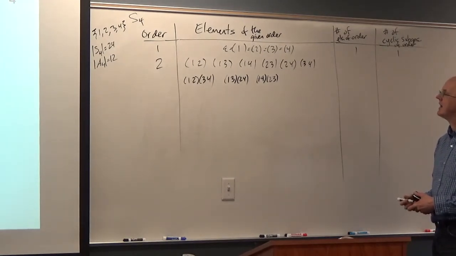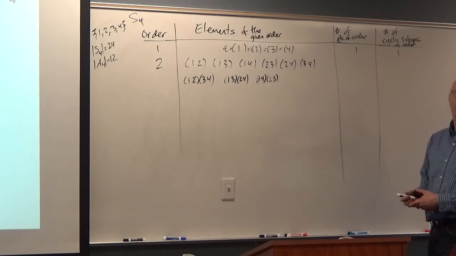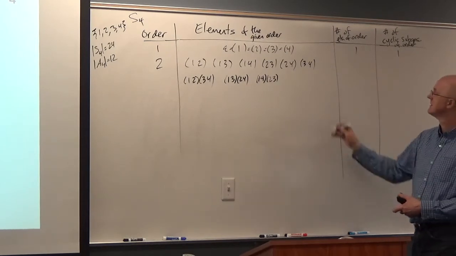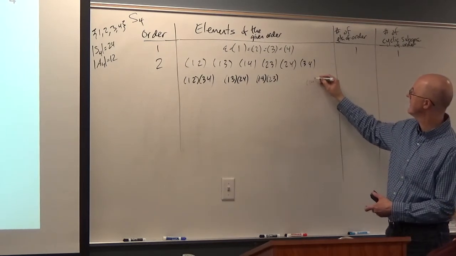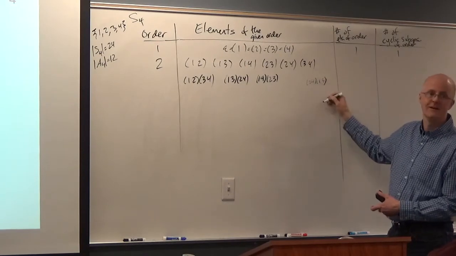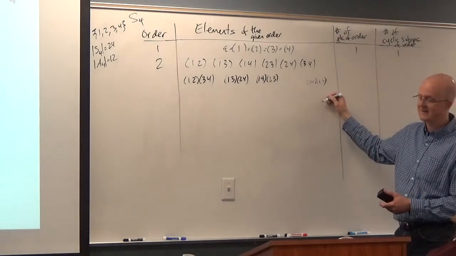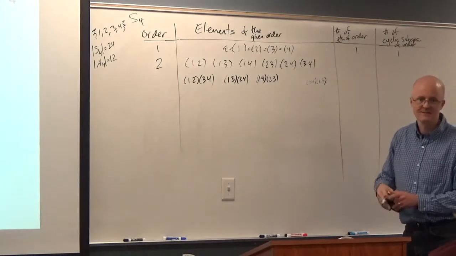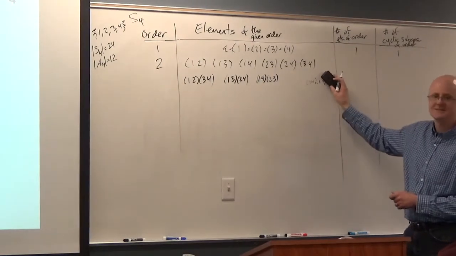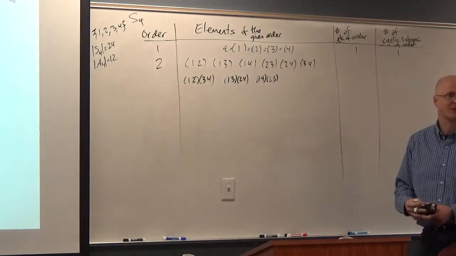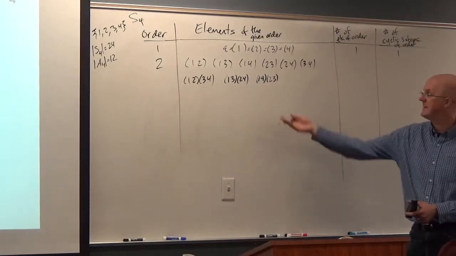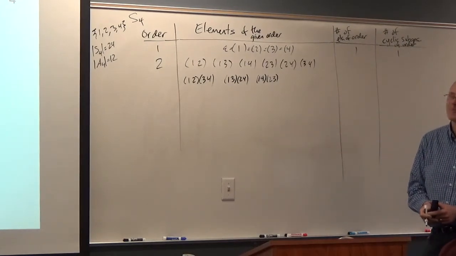Should I write down (2 4)(1 3)? Should I write this one down as a different one? No, because why? Disjoint cycles commute. So if I wrote something like that down, it would already be in this list.